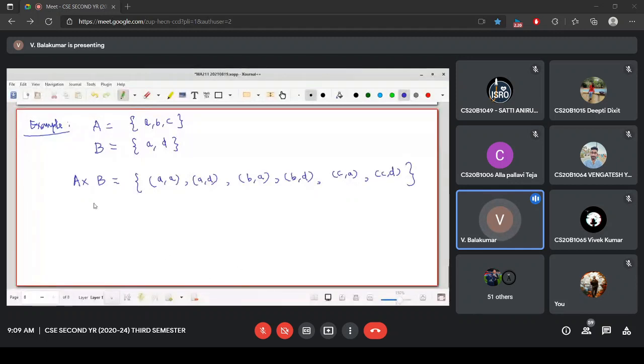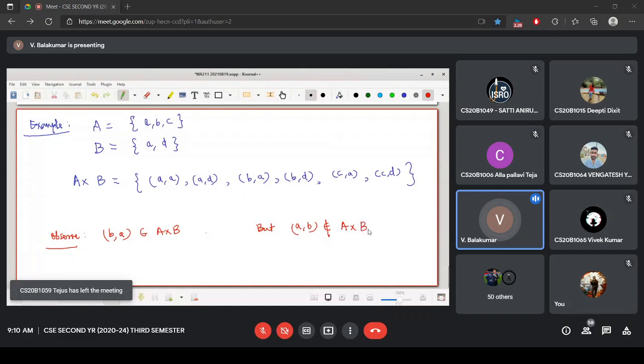I have written A cross B. What do I want to observe? Observe, (B, A) is in the Cartesian product, but (A, B) is not in the Cartesian product. Why is it not there?